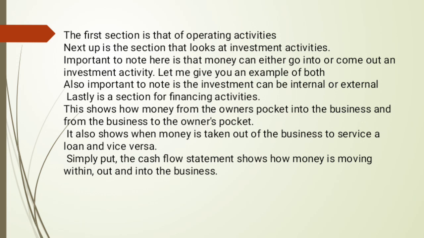Next you will see a section for investment activities. It is important to note that a business can invest internally or externally. For example, a business makes a profit and decides to invest that profit by buying a piece of land. You will see that recorded in investment activities. Another example, a business has money and decides to spend that money buying computers.